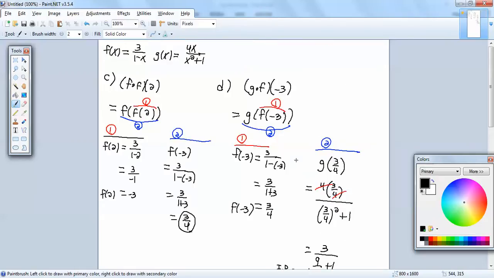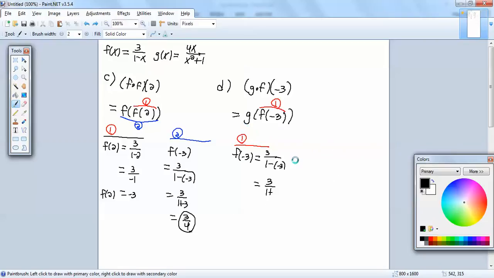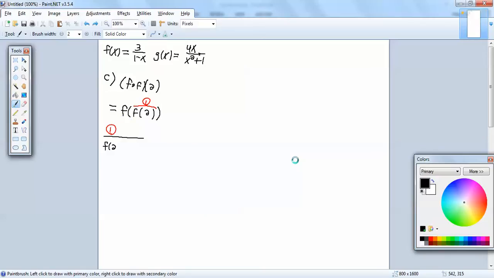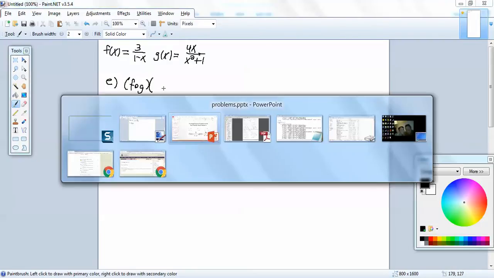Now let me erase these so I can have room to do the last two parts. E, we want to find the composition of f and g of 1/2.